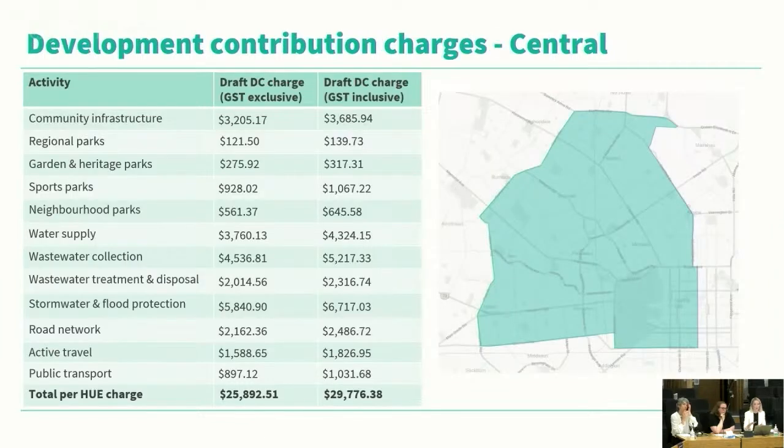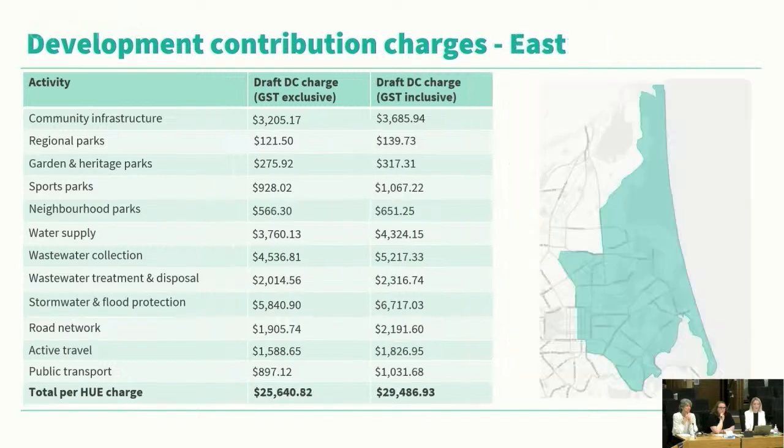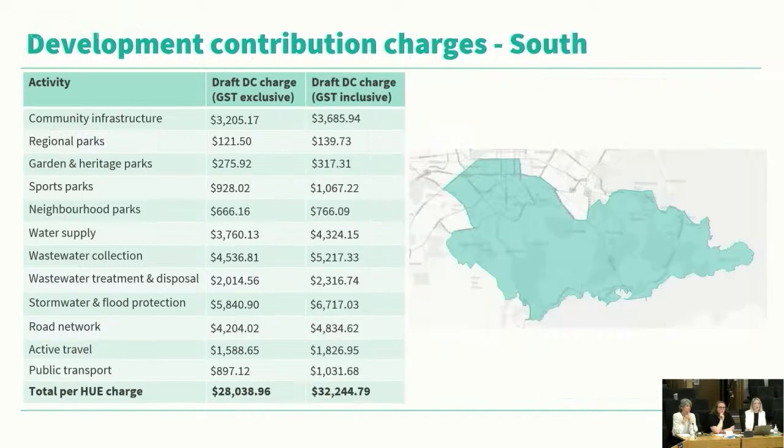And then I'll just move through these fairly quickly. These were provided to you in draft form in October. The charges for the central catchment will be 29,000 per HUE. In the east catchment, they are 29,000 per HUE as well. In the south catchment, they are 32,000 per HUE.